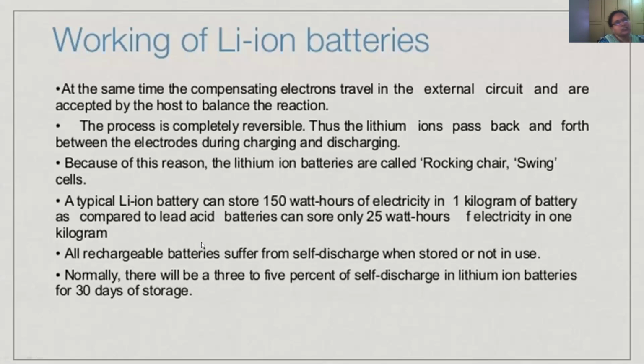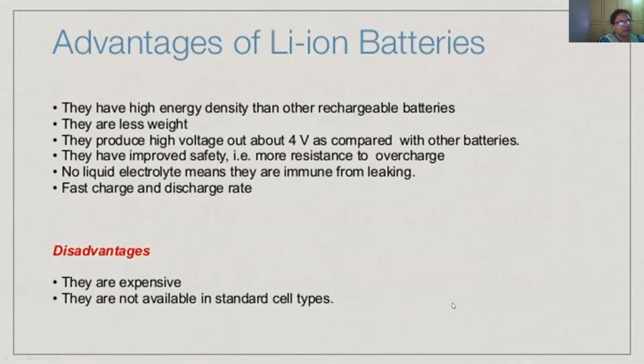All rechargeable batteries suffer from self-discharge when stored or not in use. There is 3 to 5% self-discharge in lithium-ion batteries. Advantages: they have higher energy density than other rechargeable batteries, they are of less weight, they produce a high voltage of about 4 volts, and they have improved safety and fast charge and discharge rate.